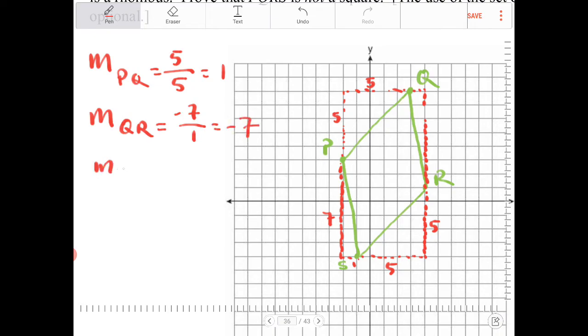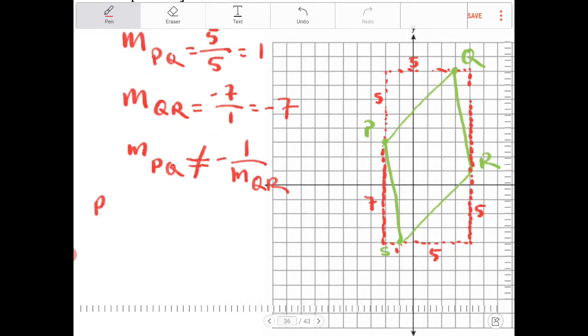So m of PQ is not the negative reciprocal of m of QR. So PQ is not perpendicular to QR.